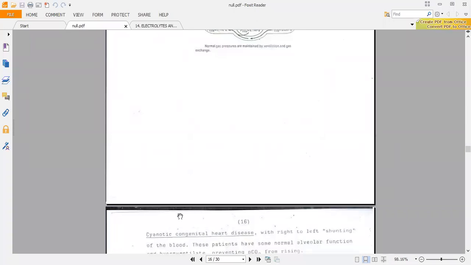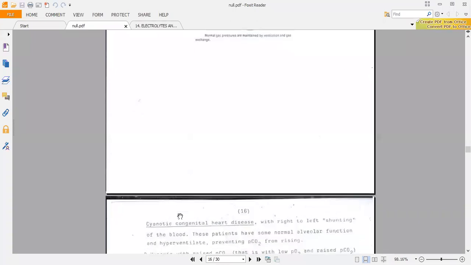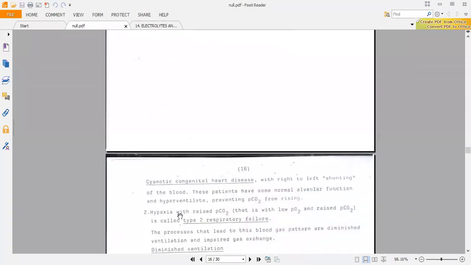I'll show you equations, but there are two conditions that I'm going to talk about. We are going to look at the respiratory types and then the metabolic type. So we have respiratory acidosis, respiratory alkalosis, metabolic acidosis, and metabolic alkalosis.